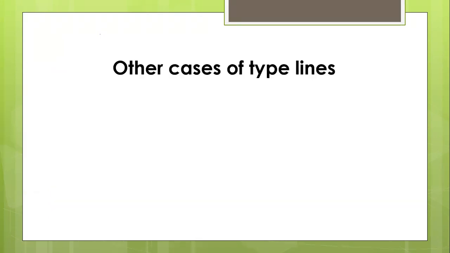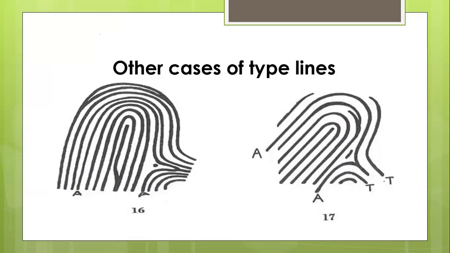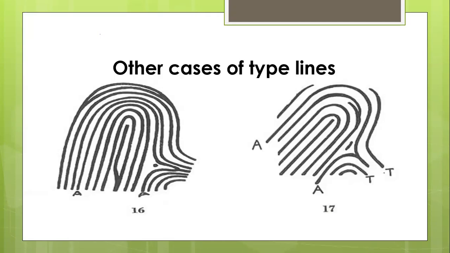So, what are the other cases of type line? Just like this example. In front of this there is a bifurcation, marked as A and B. What will you do? Can you consider this one as type line?